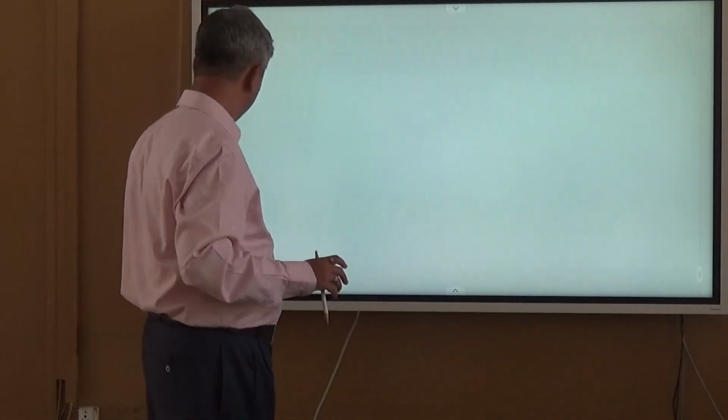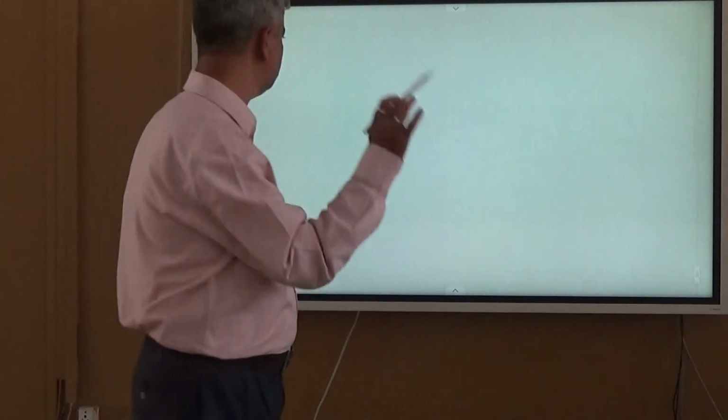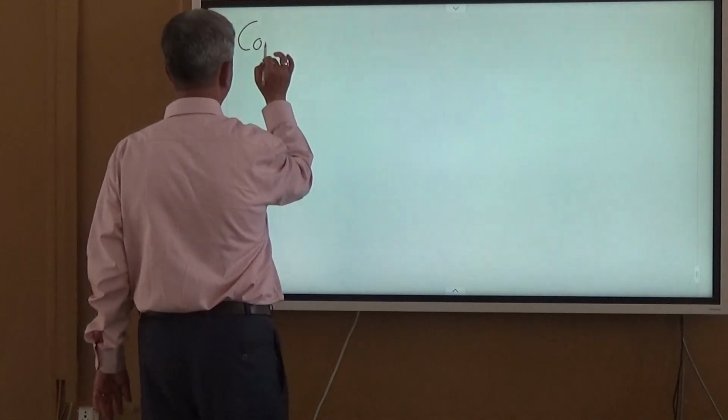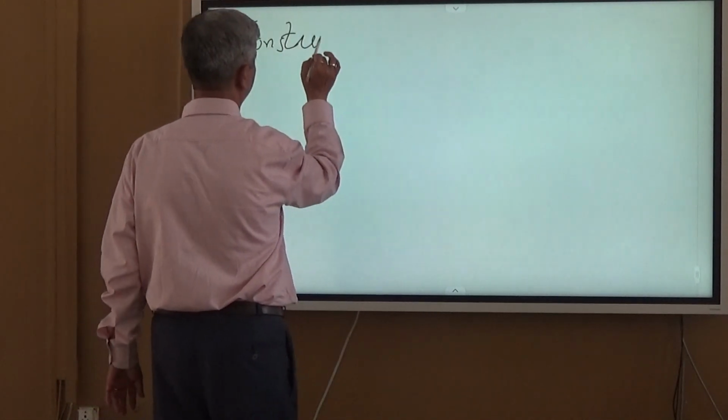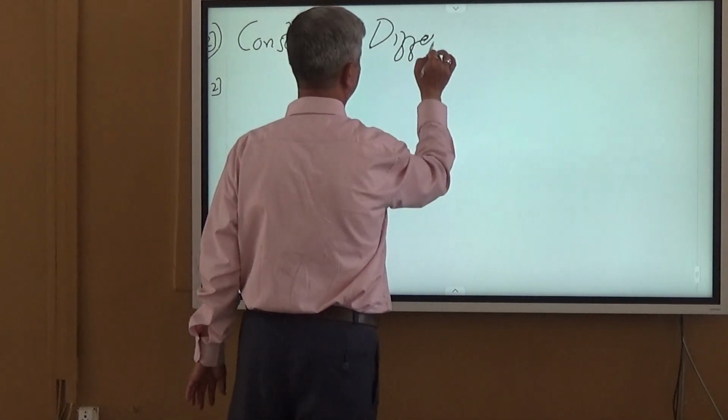I think sufficient discussion is now made so that the water tank model is not required. We can go directly to electrical engineering circuits, electronic circuits, electric circuits. So the question now is to construct a differential equation.